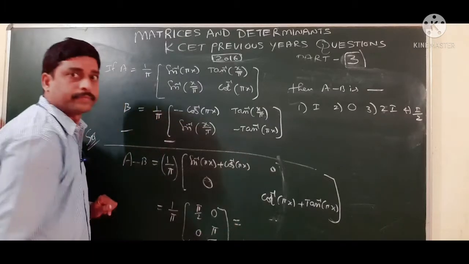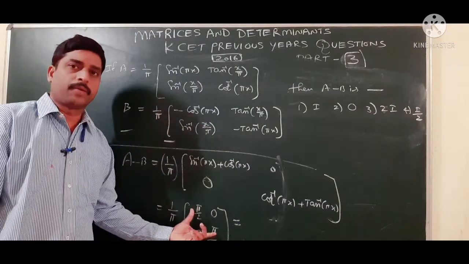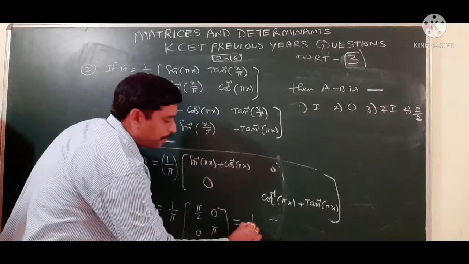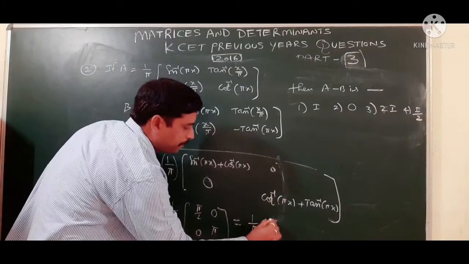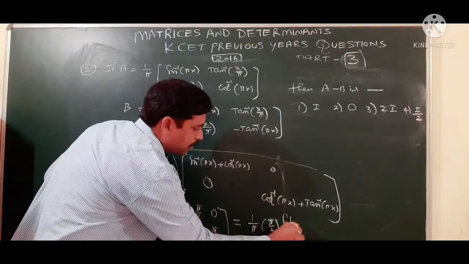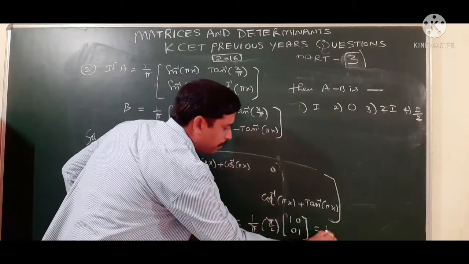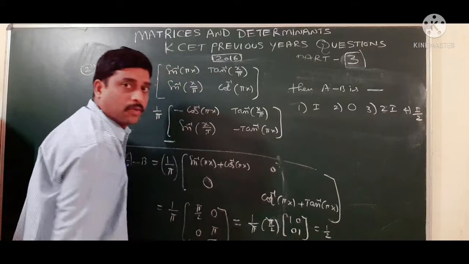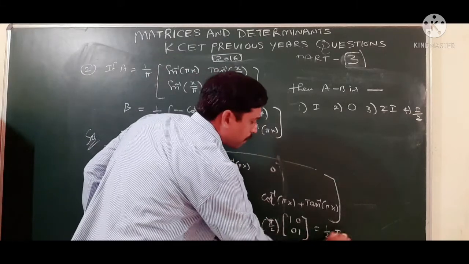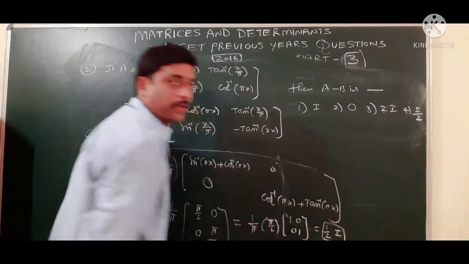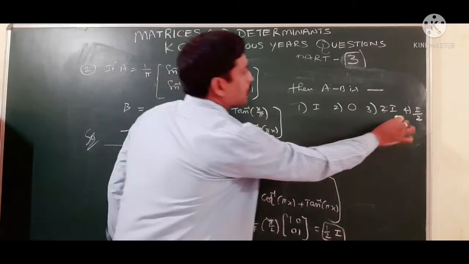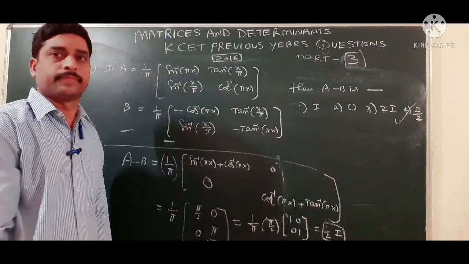In this one pi by 2 take out common, 1 by pi times of pi by 2 into 1, 0, 0, 1. So this pi gets cancelled. This will be 1 by 2 into 1, 0, 0, 1. This is nothing but unit matrix I. So 1 by 2 into I, correct answer. So fourth option is correct.